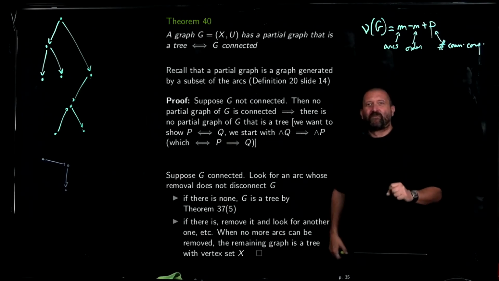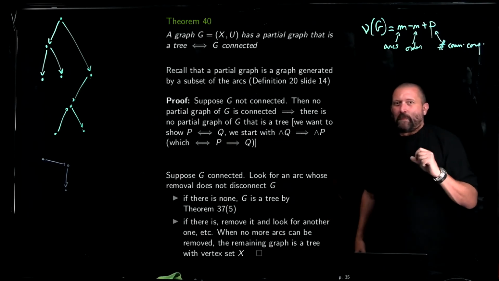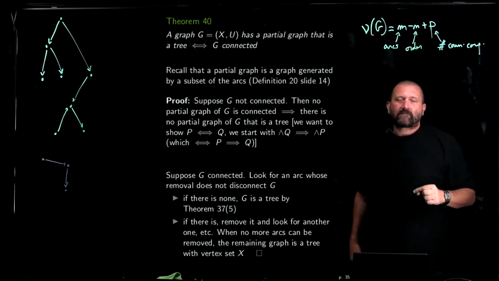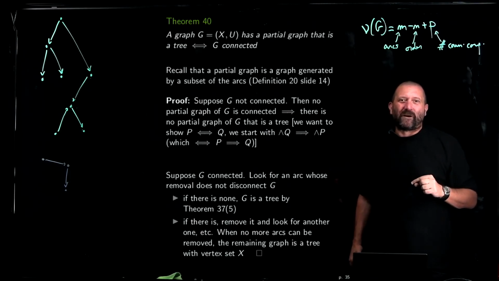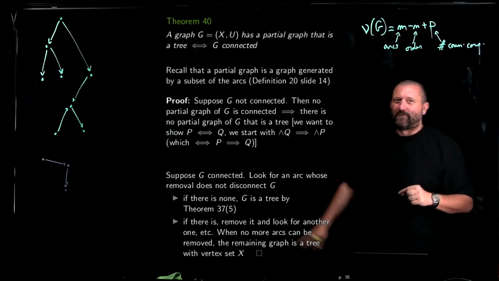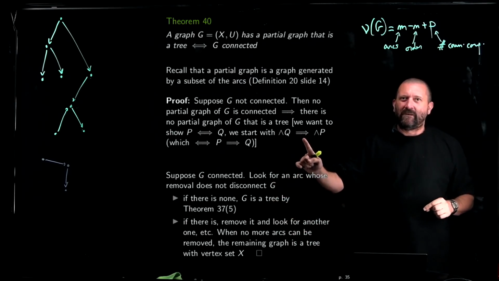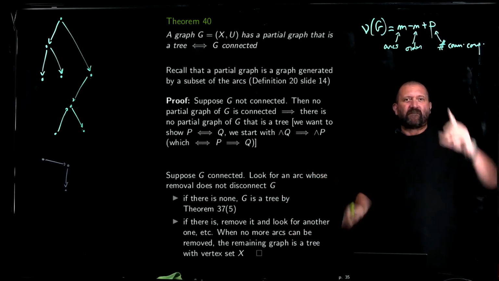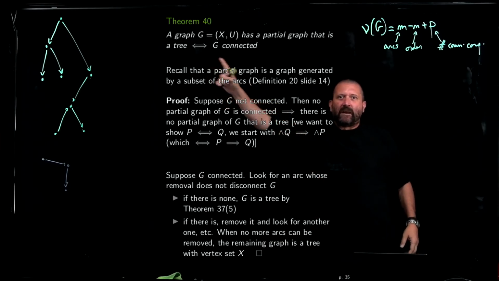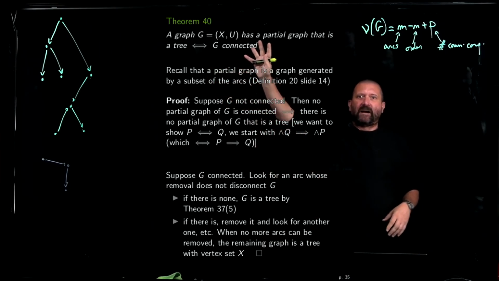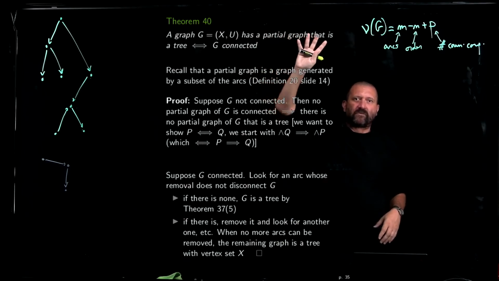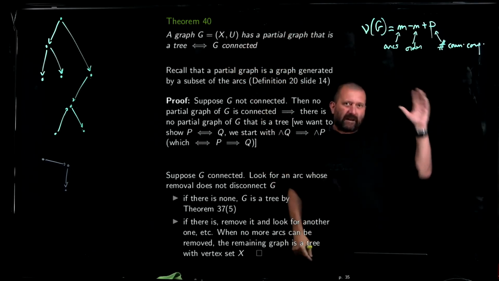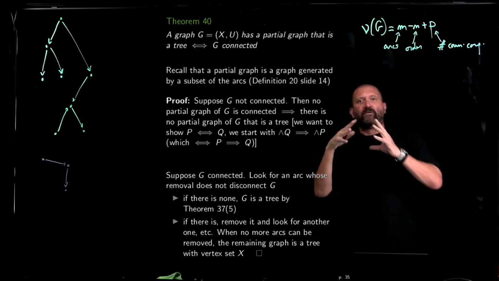Okay, let's prove this. Let me point out what we're doing. This is what I've written here. We want to show equivalence, okay? This is an if and only if. It means I have to show that if I have a graph that has a partial graph that is a tree, then I have connectedness, and vice versa.